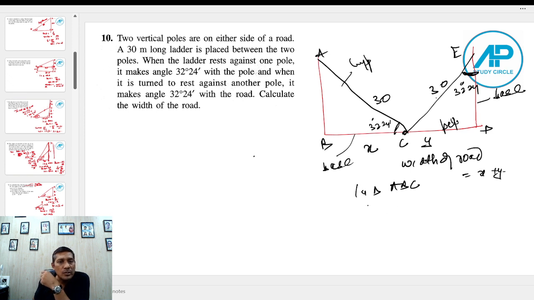ABC, you'll use cos 32 degree 24 minutes is equal to base upon hypotenuse. That is the first one to solve.